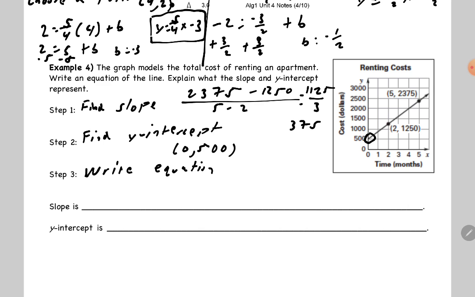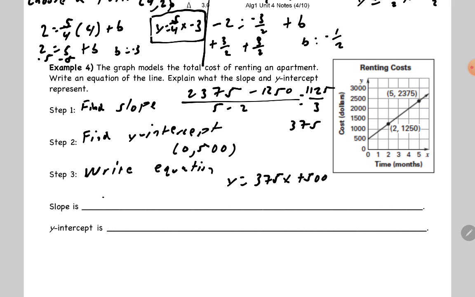So let's write an equation. y equals 375x plus 500. Okay, let's start off with the slope. We have cost in dollars over time in months.